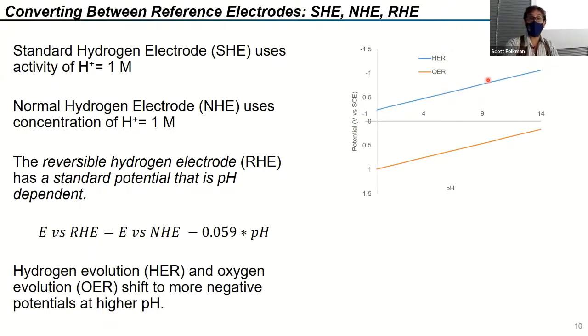But in all cases, the difference between the two of them is 1.23 volts that we always quote as the thermodynamic potential for water splitting. So if I'm at a high pH, it's easier, that is, it's more negative to do water oxidation, but then we could say it's harder, that is, again, more negative to do hydrogen reduction. But again, always 1.23 volts difference.